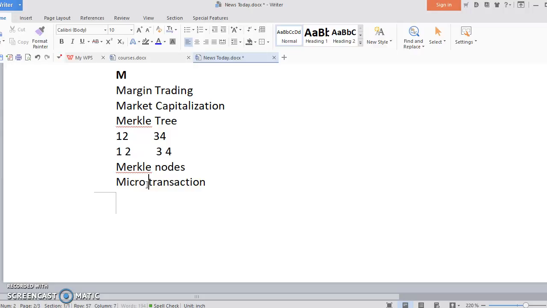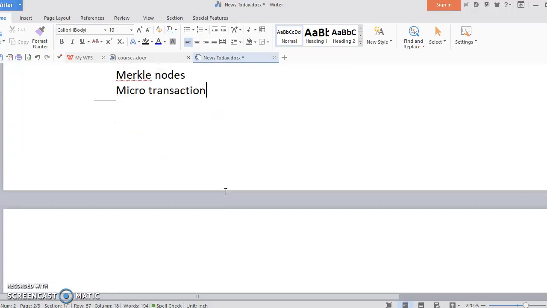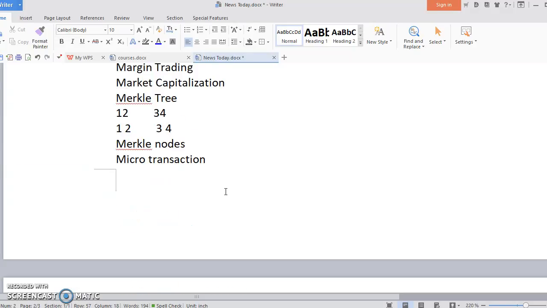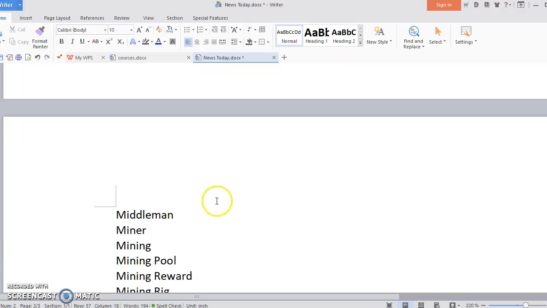So these are transactions that are not really big, but they are micro. We can start discussing the pros and cons of using maybe BTC for microtransactions, but microtransactions are basically transactions at the micro level.